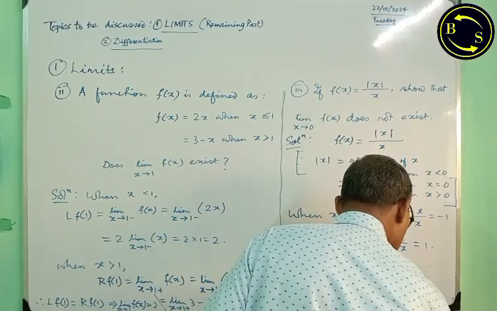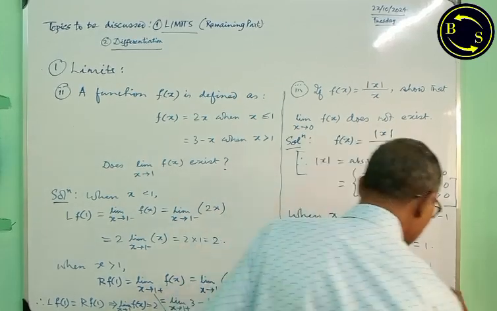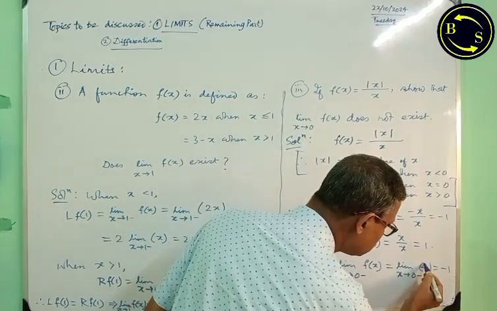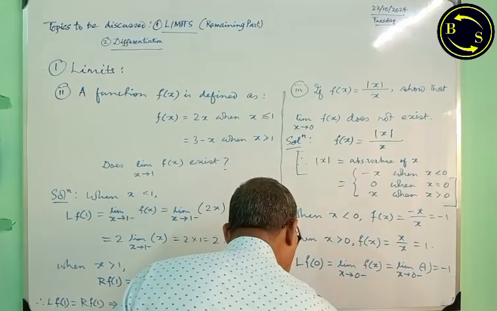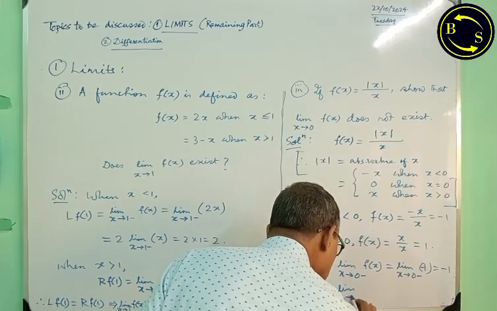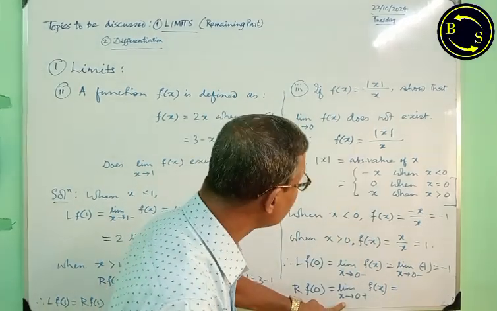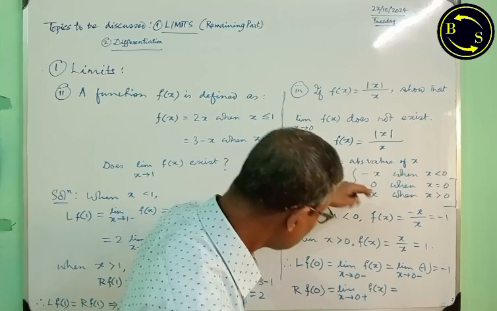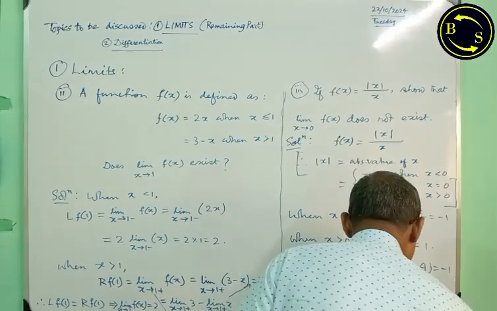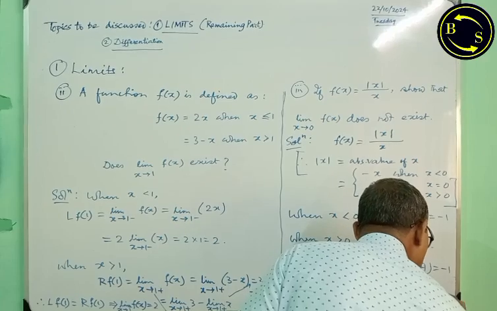Therefore, limit x tends to 0 minus, value will be minus 1, and R f 0, limit x tends to 0 plus f x, and for x positive value of f x is this one, and already we have calculated value will be finally 1 for f x. Limit x tends to 0 plus 1, value is 1.